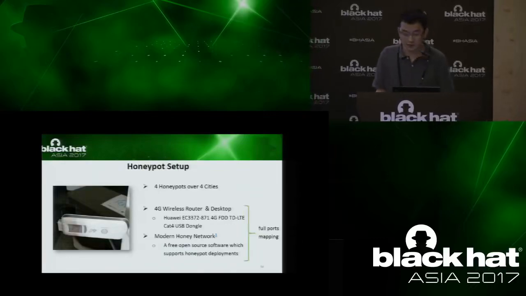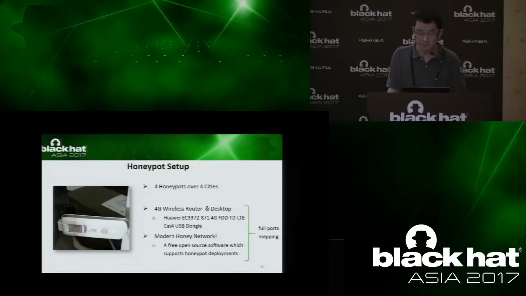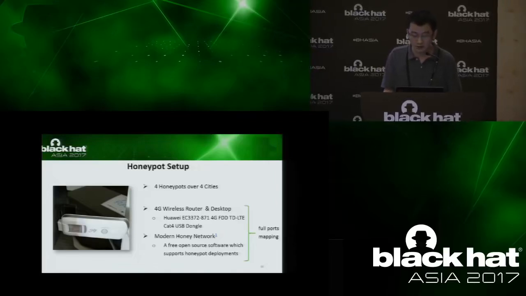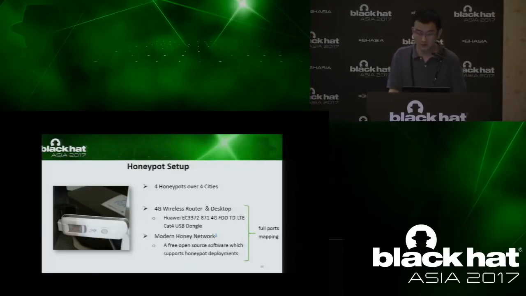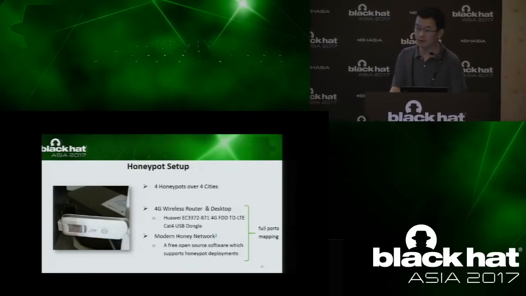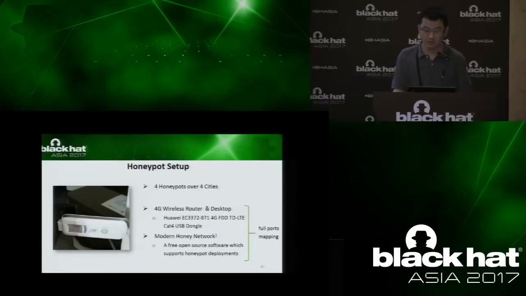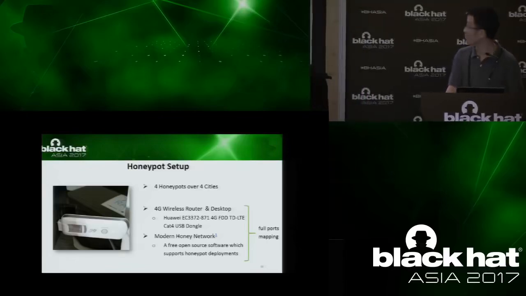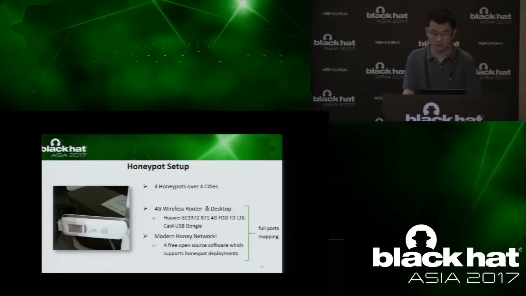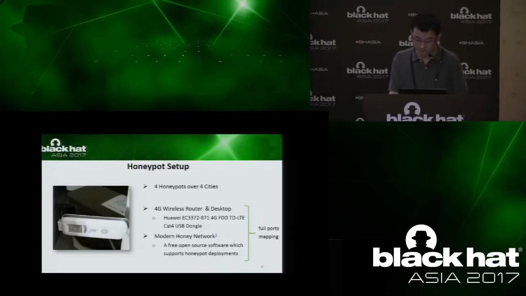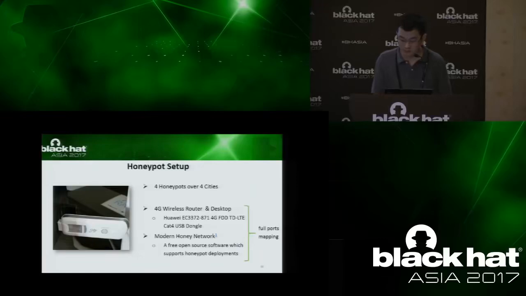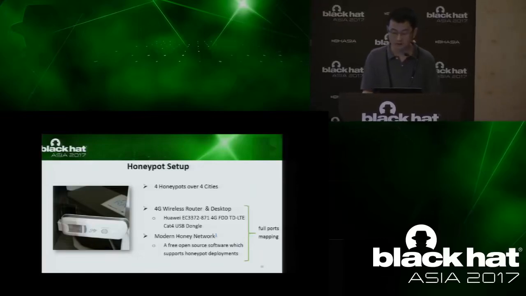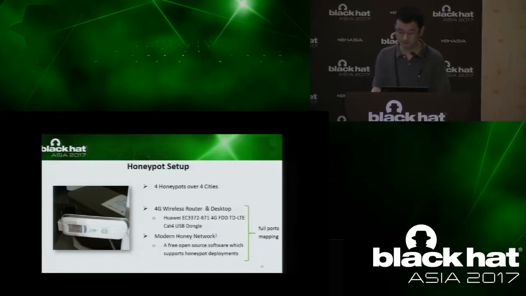Okay, let's see the honeypot setup. We set up 4 honeypots over 4 cities in China, in Beijing, Yunnan, and 2 others. We built 2 kinds of honeypots. The first one is the port mapping honeypot, and the second is a customized honeypot, using different devices.